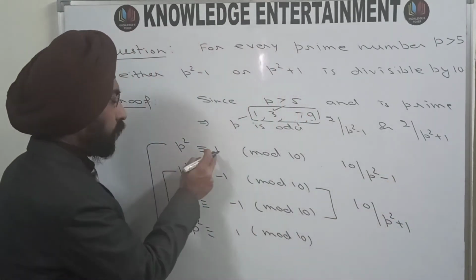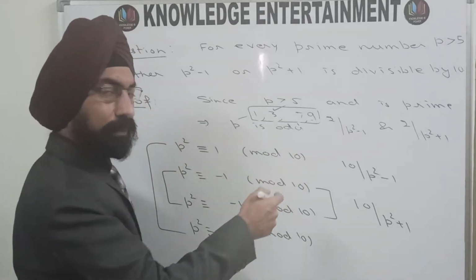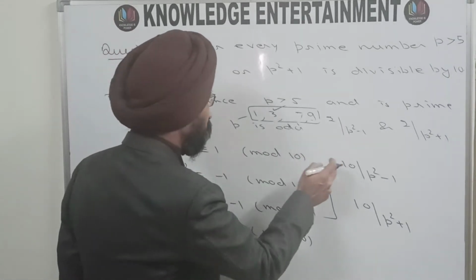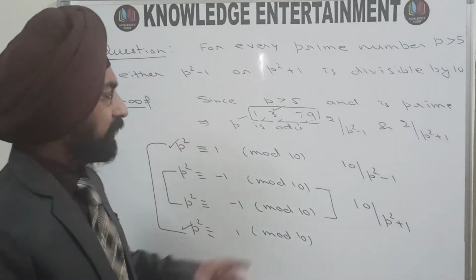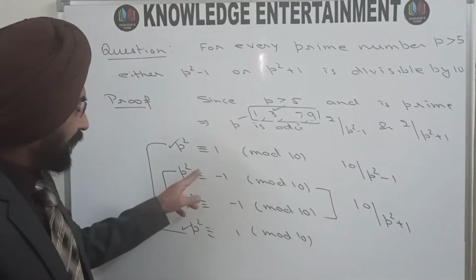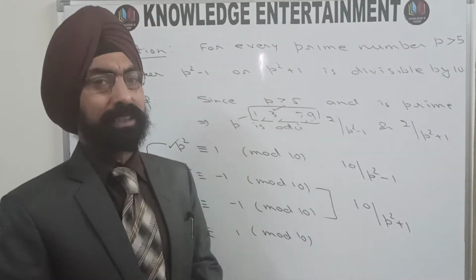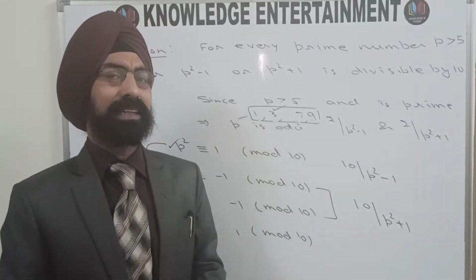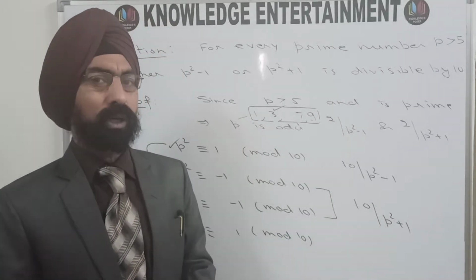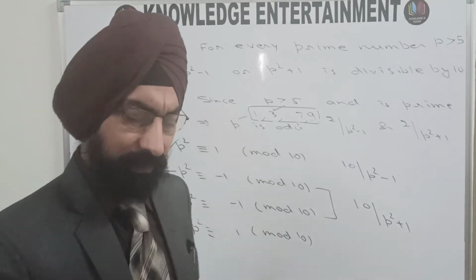Because if a is congruent to b modulo m, m divides a minus b, not a plus b. I have written a plus b, sorry, it is a minus b. So if the first or last case is there, your 10 will divide p square minus 1, and in the second or third case your 10 will divide p square plus 1. And these are all possibilities. There is no more possibilities. That means 10 will always divide either p square minus 1 or p square plus 1 if p is a prime number greater than 5.